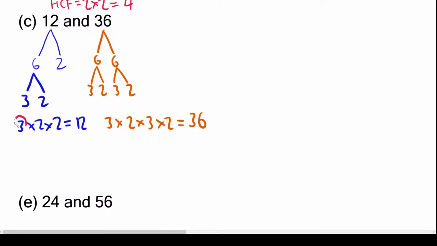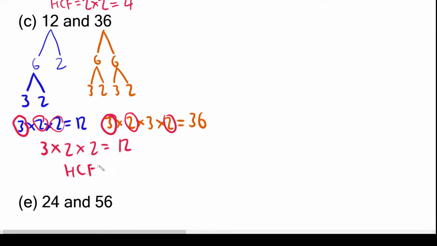We have a 3 there, so that's the same. And we have another 2 there, that's the same, and then another 2 here and a 2 here. That's the same. So 3 times 2 is 6, 6 times 2 is 12. So the highest common factor equals 12.